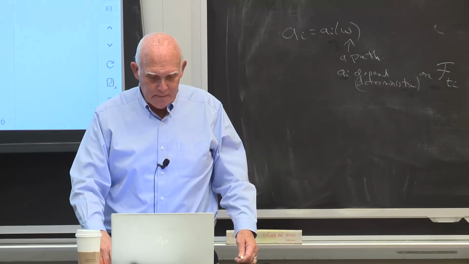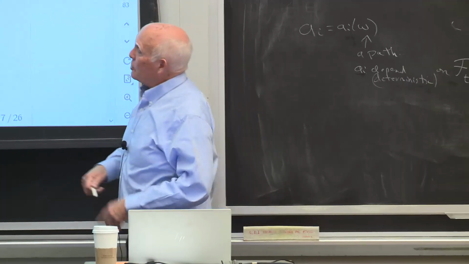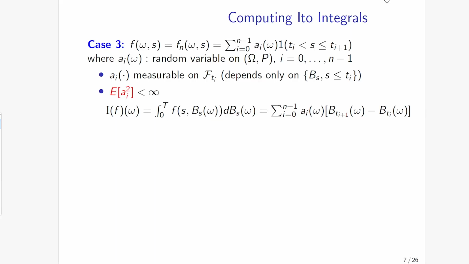With this case, we want to make an assumption of measurability on that i-th information set, and we want a bounded squared expectation of the level. If we have those two properties, then we can write out the Ito integral as this formula, and it will have expectation equal to 0 and variance equal to the sum of the expected squared A_i times t_{i+1} minus t_i.